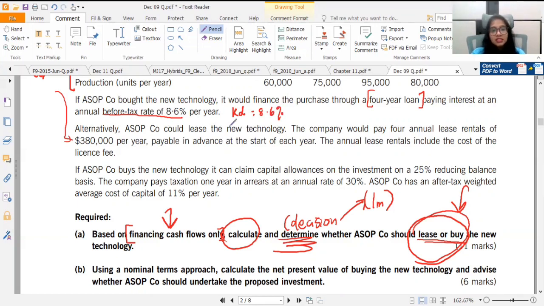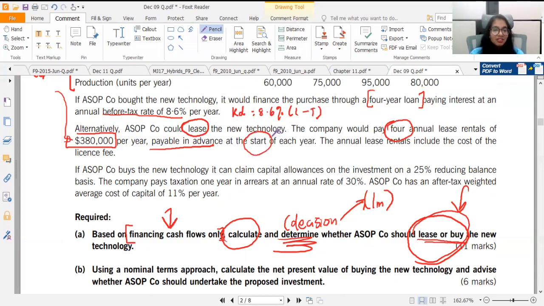Now, alternatively, ASOCO could lease the new technology. So guys, here he already gave you the lease or buy. Okay, now the company would pay an annual lease rental of 380,000 per year, payable in advance at the start of each year.